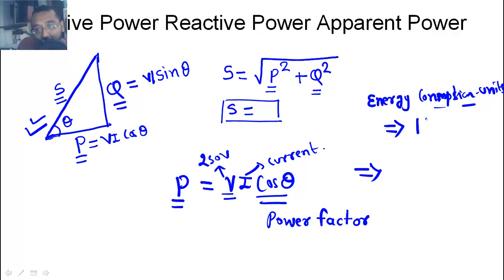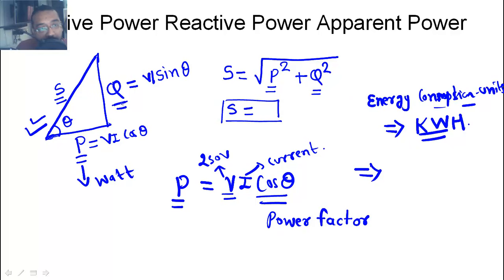Now, actually what are the units? In electrical terms, the units are nothing but kilowatt hour. That is kilowatt hour. Now let me tell you what is the unit of P. That is watt. P means watt, or you can say kilowatt.